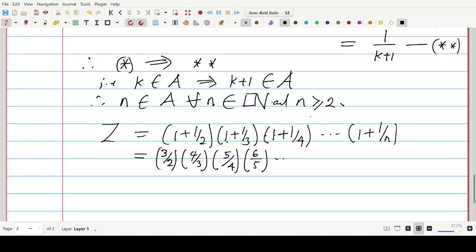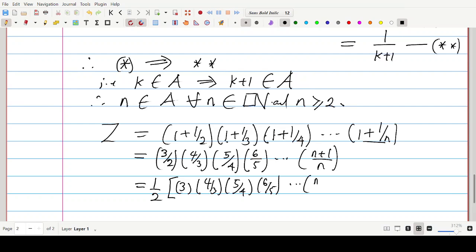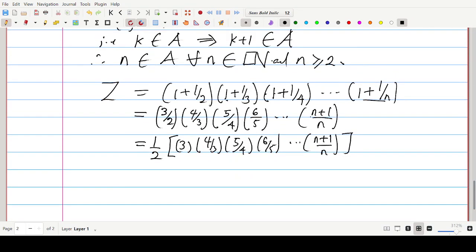All right, and so on until, simplifying this expression here, we have n plus 1 over n. And this can be further written as 1 over 2, brackets, 3 multiplying 4 over 3, 5 over 4, 6 over 5 until you get to n plus 1 over n. Please follow what I'm doing, very, very important.